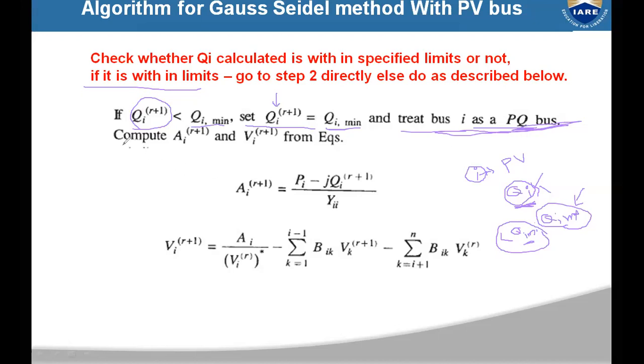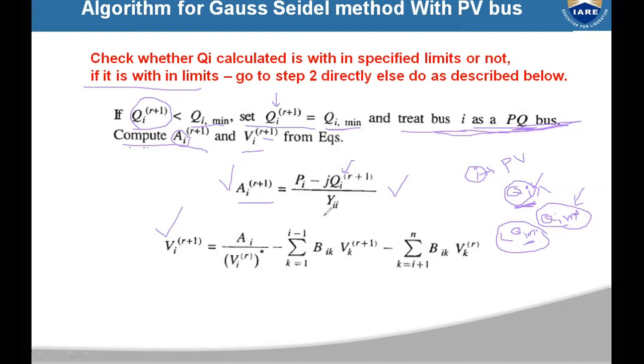So you have to compute the constant Ai in the r plus 1th iteration and Vi in the r plus 1th iteration by using these two equations. Ai in the r plus 1th iteration is Pi minus jQi in the r plus 1th iteration by Yii. Here the Q is the value you calculated in the r plus 1th iteration, right? This is the updated value you have to use here.